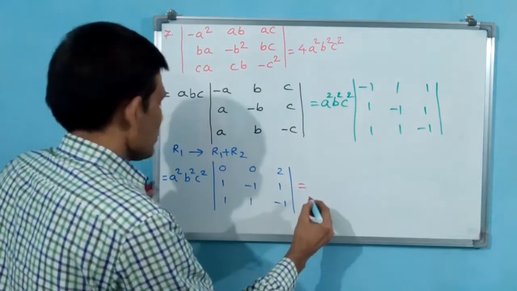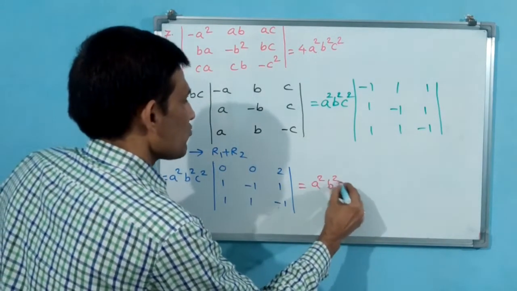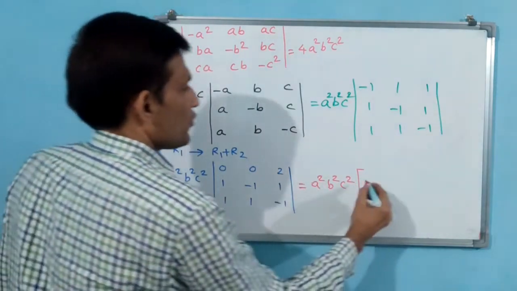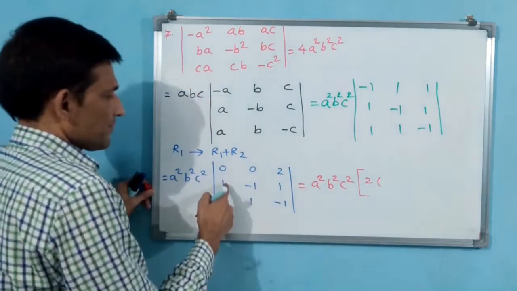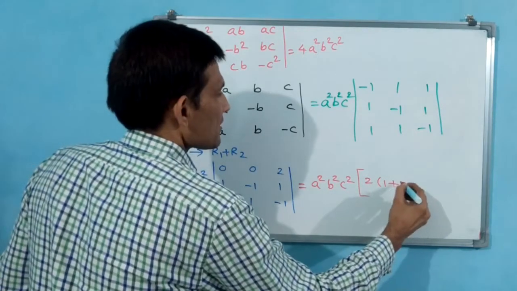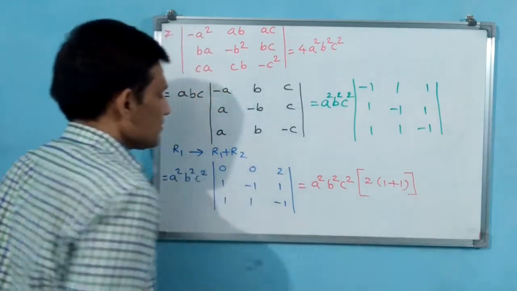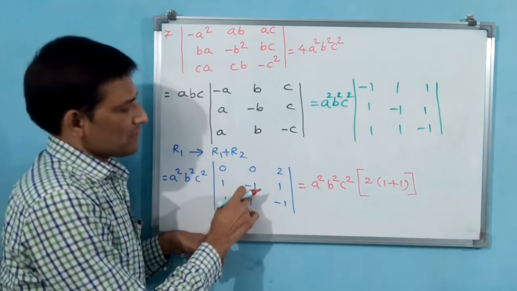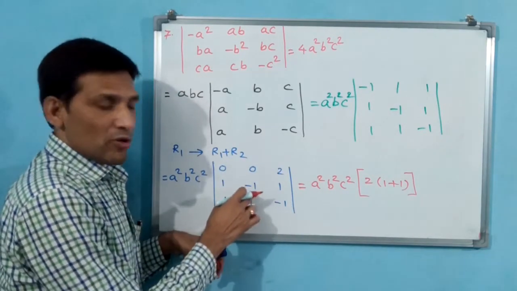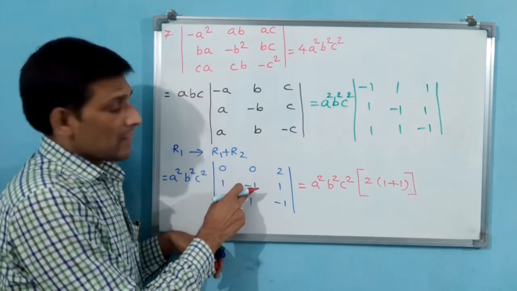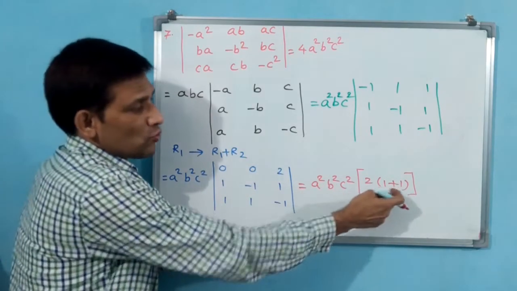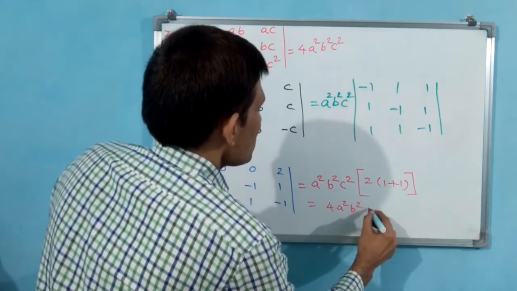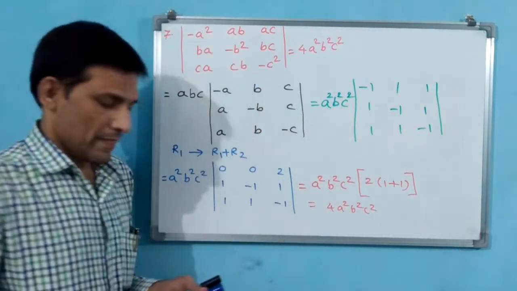That is equal to a square, b square, c square into 2 into 1 minus of minus, plus 1. Is it okay? You see 2 into 1 plus 1. Actually 1 minus 1 you have to write, but here minus is there already, so that is 1 plus 1, 2. See, 2 into 2, 4. That is equal to 4 a square, b square, c square.